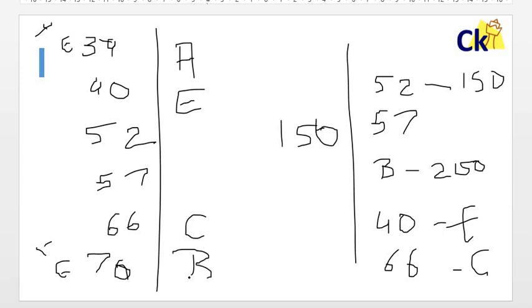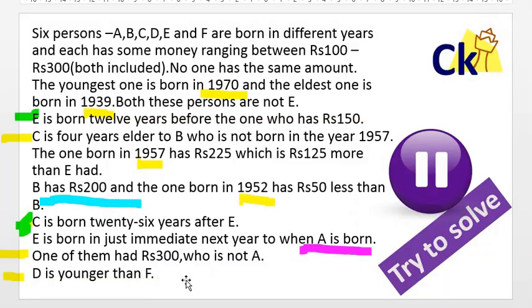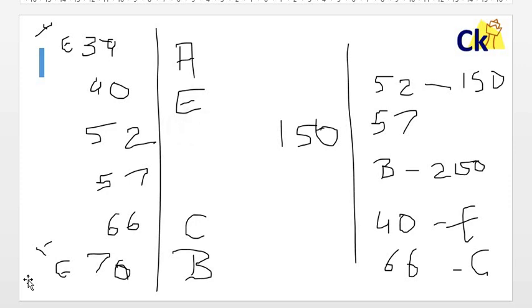Okay, B must be placed over here. Now the last condition, this one, D is younger than F. Okay, so we can place F over here. So D is younger than F, so F must be born in 1952 and D must be born in 1957.